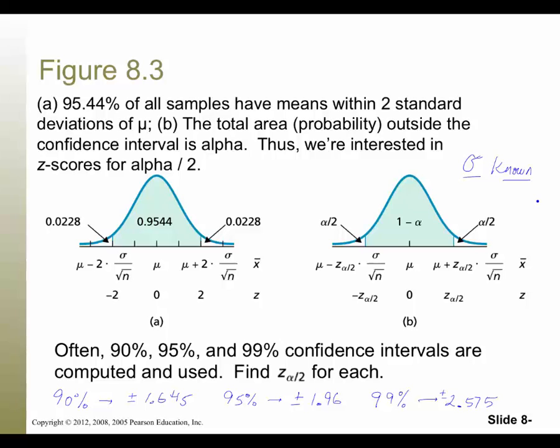So if you want more confidence, you lose precision. If you can accept less confidence that your population mean is in the range, then you've got more precision. This is how we figured out the max and the min of those confidence intervals.